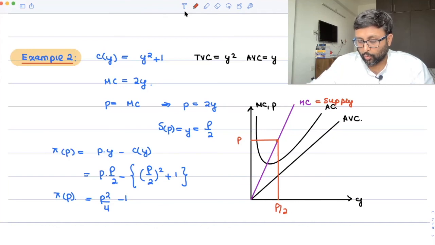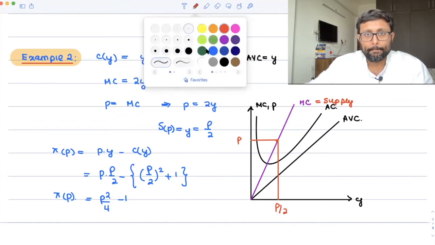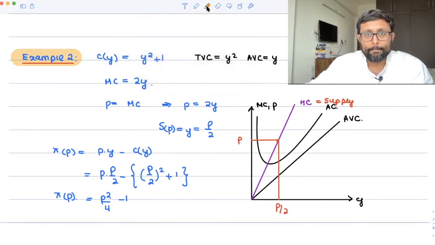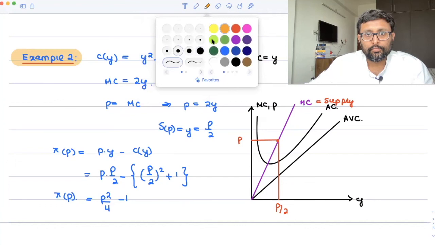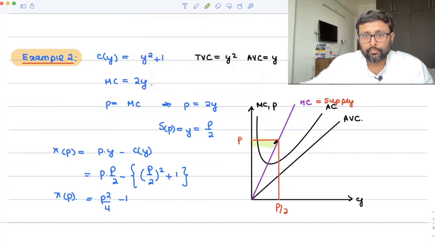And what is the producer surplus? Producer surplus is going to be the area of this triangle, beta. The area of this triangle. So what will that be?